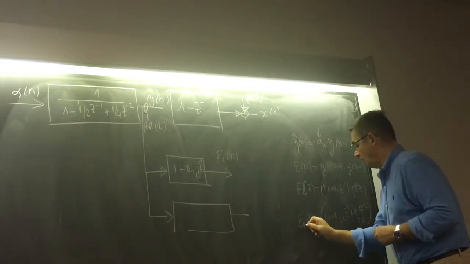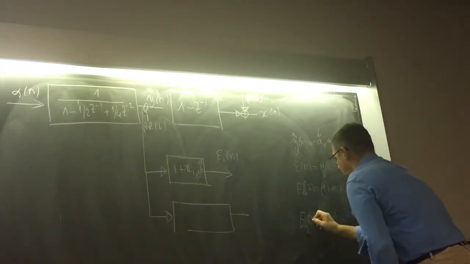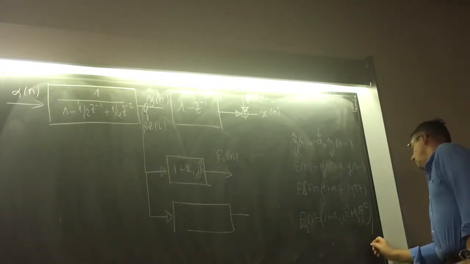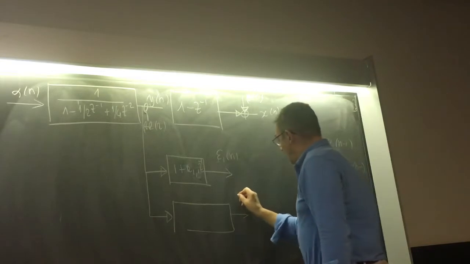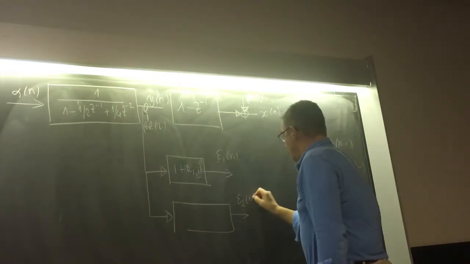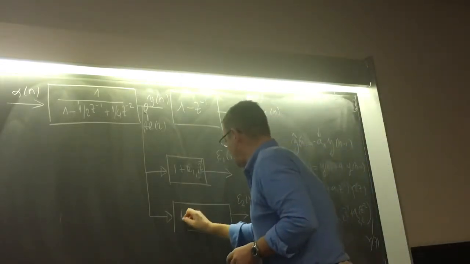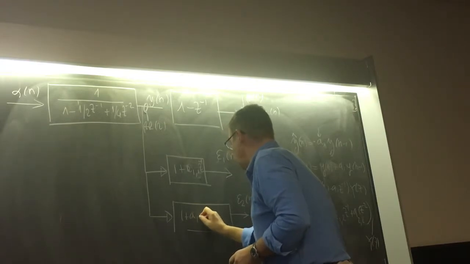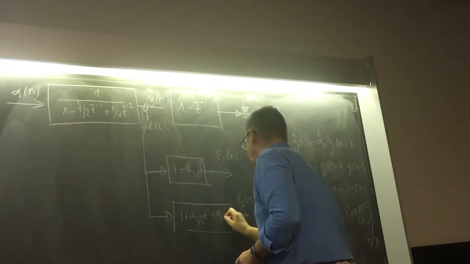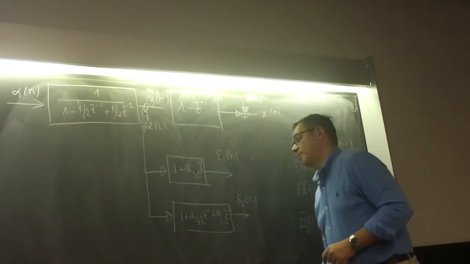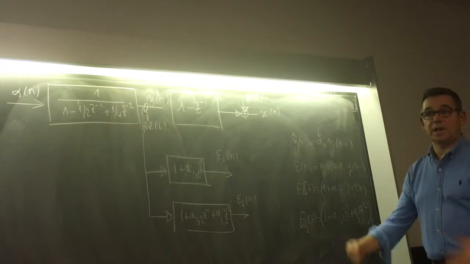So the output is the prediction error for the linear predictor of length 2, with coefficients 1, a1 and a2. These are the two questions written there. I simply illustrated.